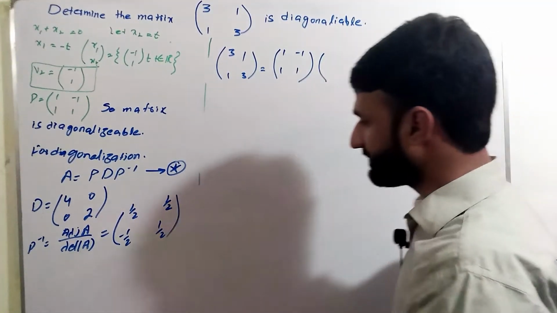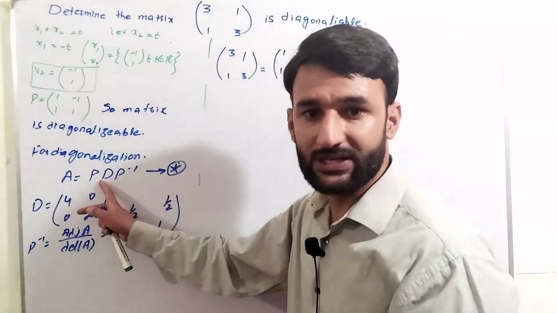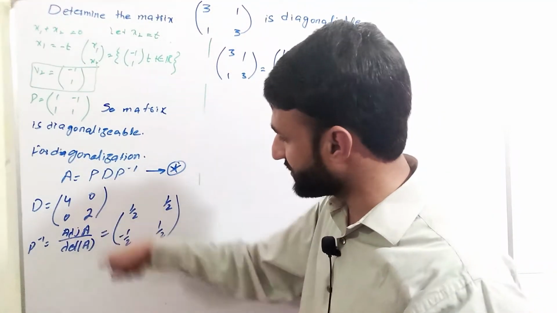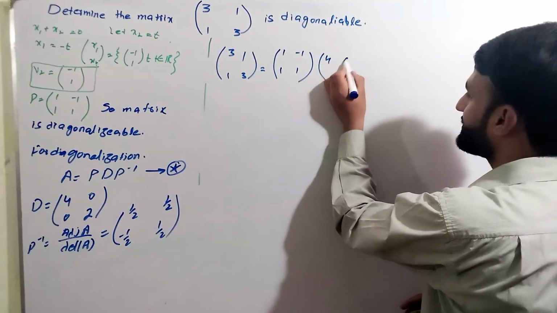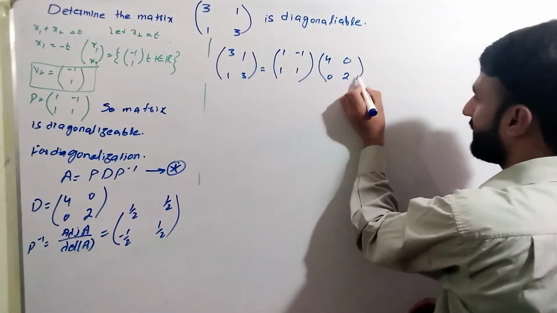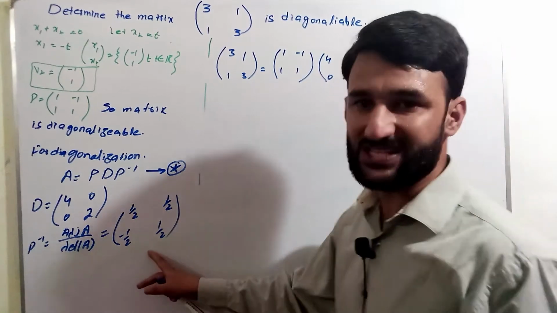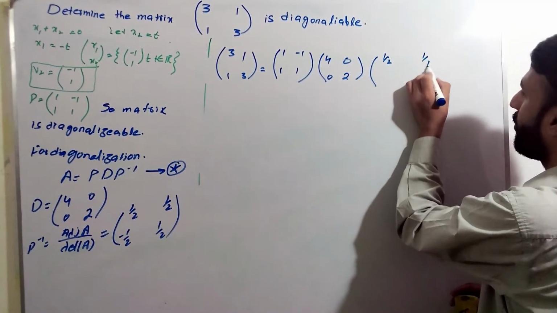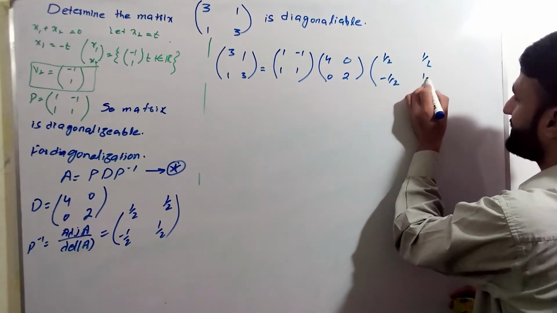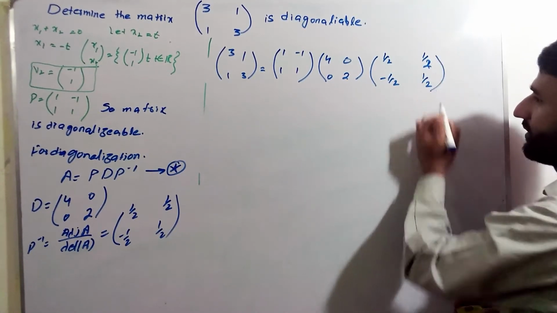Right. And the second matrix is the D matrix. D is basically the matrix in which we have the eigenvalues on the diagonal, so we have 4, 0, 0, 2. Right. And this is your P inverse matrix, which we can write as 1 by 2, 1 by 2, minus 1 by 2, 1 by 2. Right.